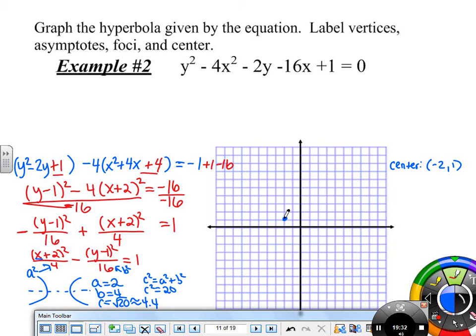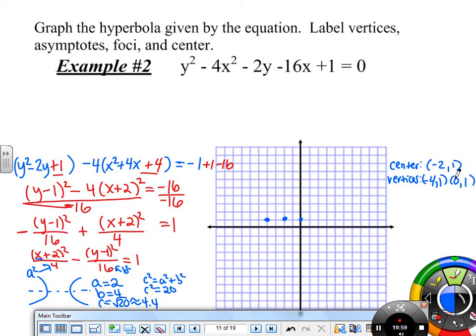My vertices are a horizontal distance away from the center, and my vertices are based on the a value, so they're 2 units away from the center. And that would make the points the same y-coordinate because I haven't changed the height, but 2 units away from -2. So -4 and 0.